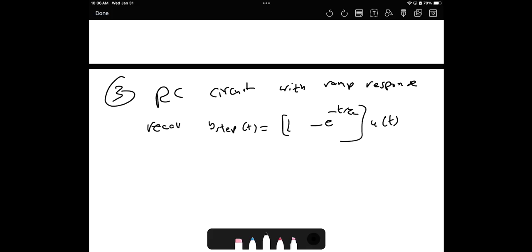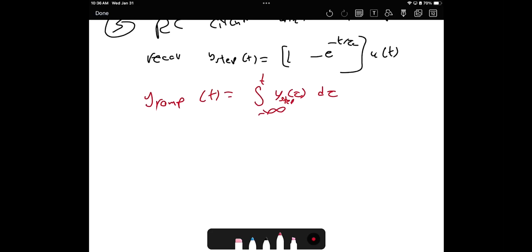Now we need to calculate the ramp response, so we can calculate it easily using that conclusion, which is the integral from negative infinity to t of y step of tau. I don't need to go back to the differential equation and do the integrating factor, so I can make life much easier.